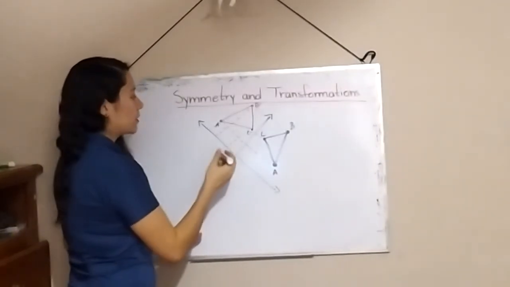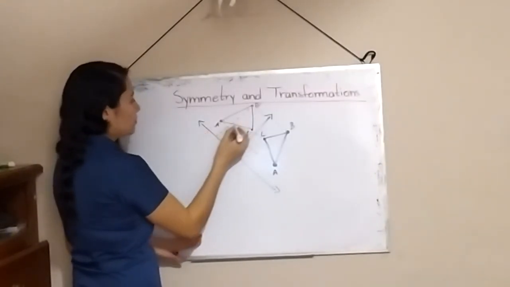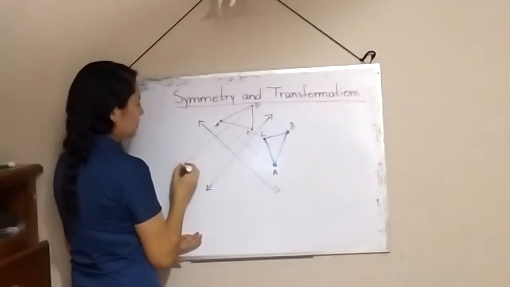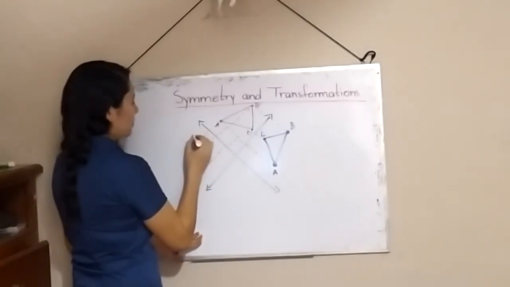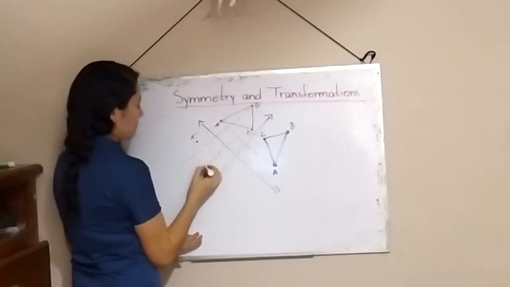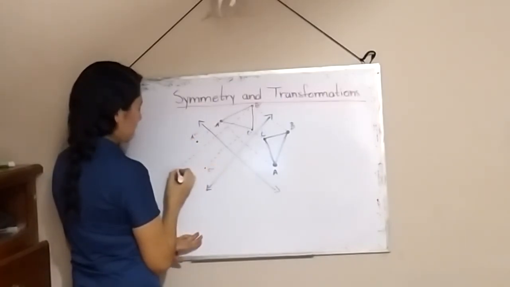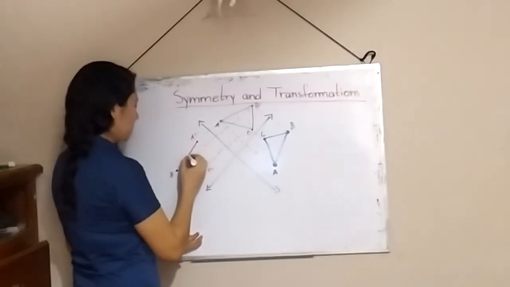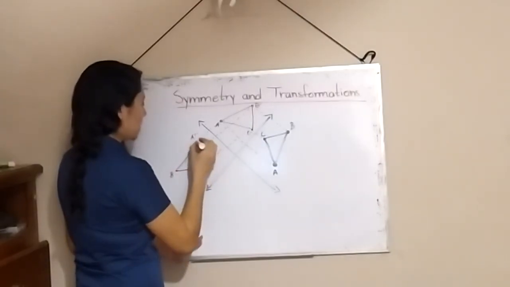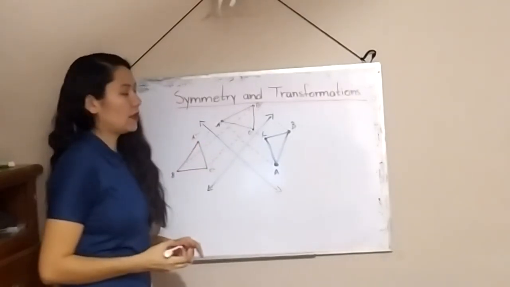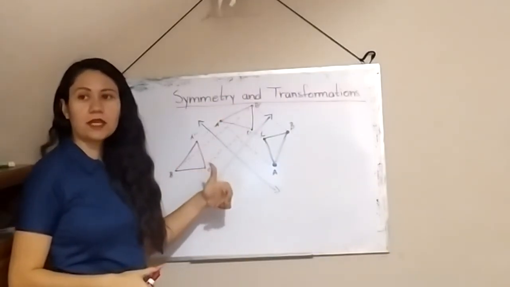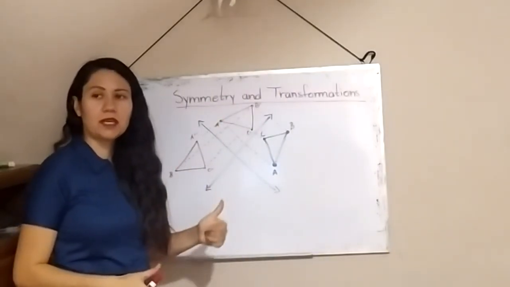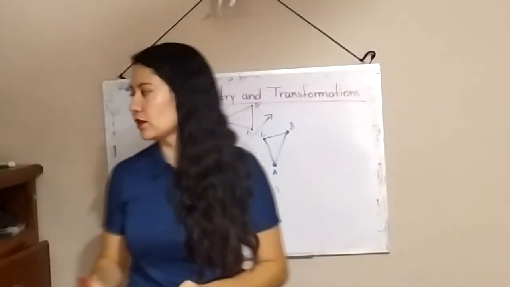We mark the same distance to the other side, we name the points, and we join them together with segments, and we have our rotation. Okay, the final figure that we get will be our rotation.